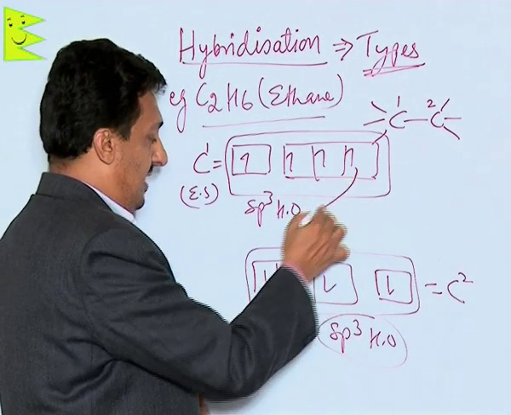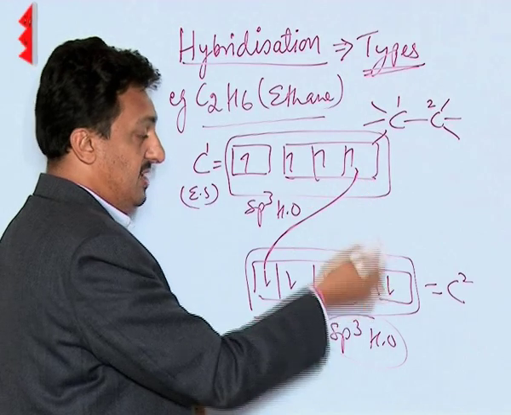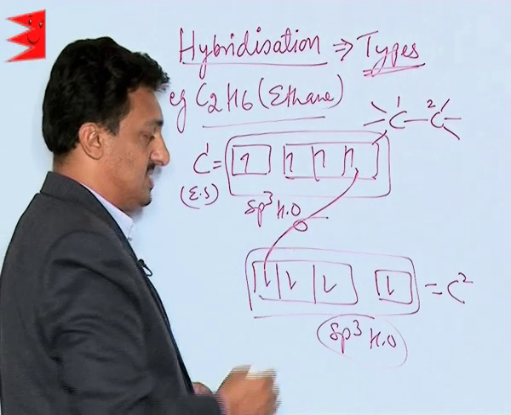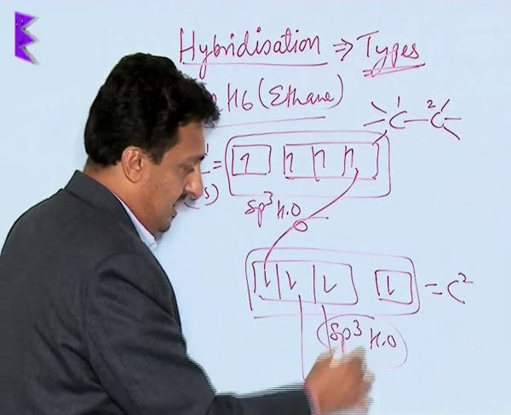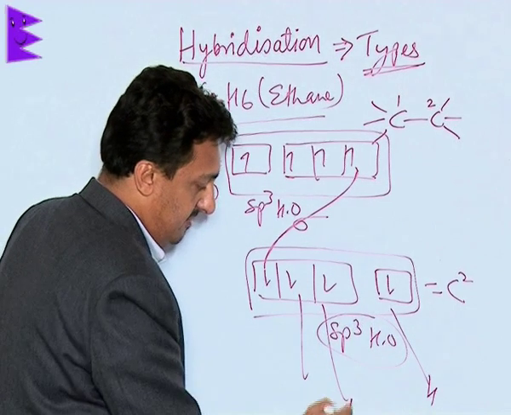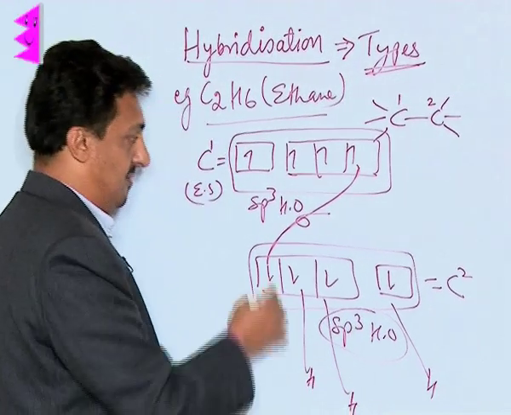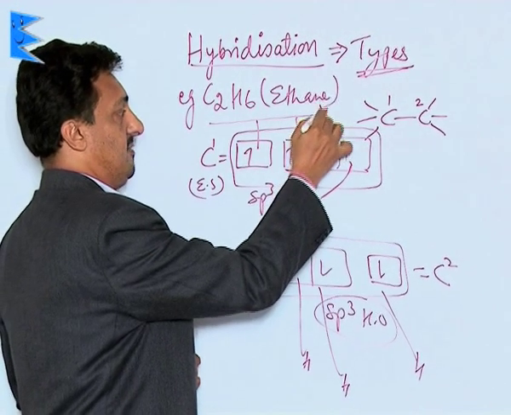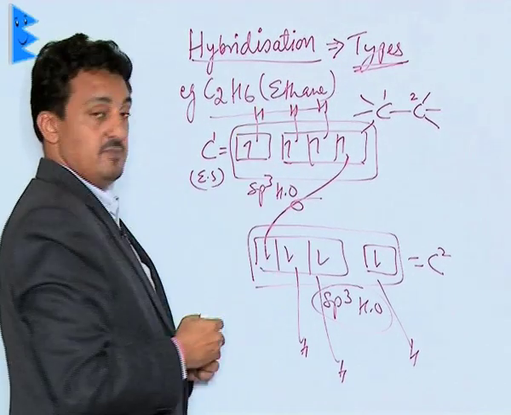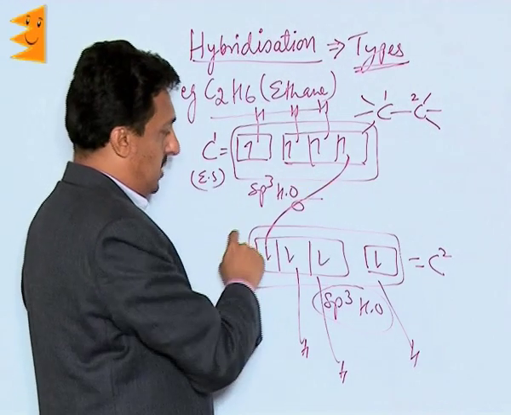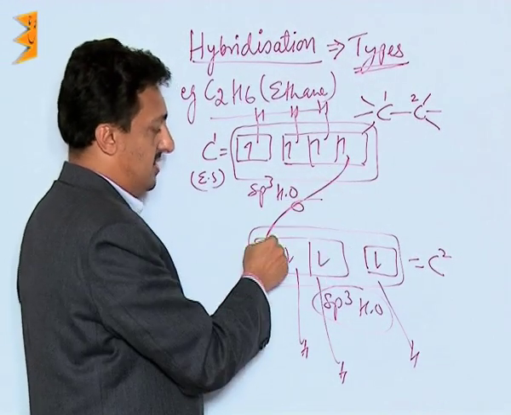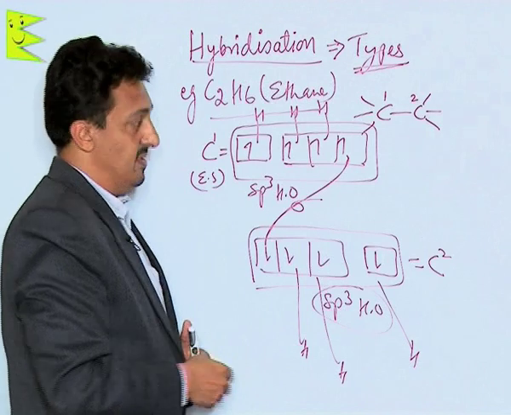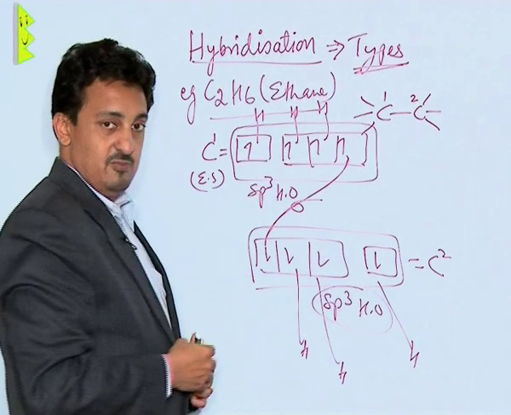Now one of these orbitals of the 2 carbon atoms overlap with each other to form a sigma bond, and the other 3 of the C2 are overlapping with hydrogens to form normal sigma bonds, and the other 3 of this C1 also are overlapping with the 3 hydrogen atoms. So this is how these 2 are attached through a normal sigma bond of these hybrid orbitals, and the 3 hydrogens are present with both of these.